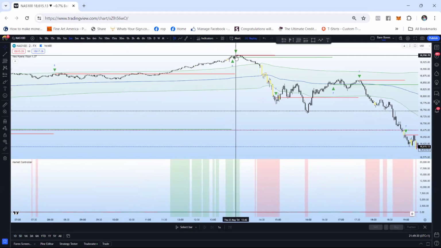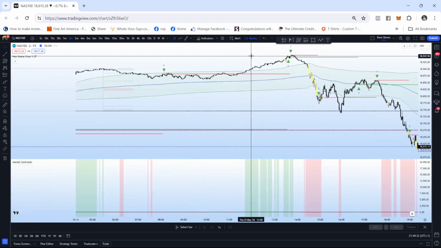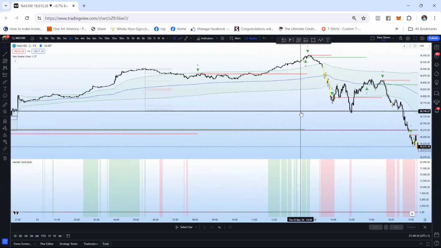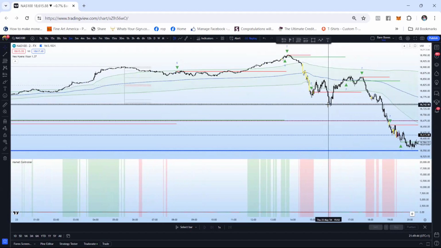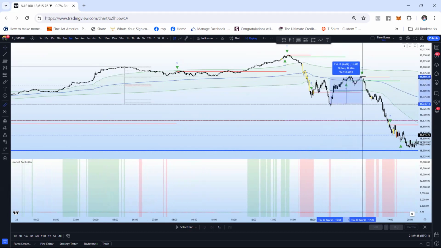You see the absorption happen on Nas too. The same setup that happened on US 30 happened on Nas, and it was ridiculously clean. And even the buy up, you could have bought Nas right here for like 150 points with the same thing that I'm telling you about, right?